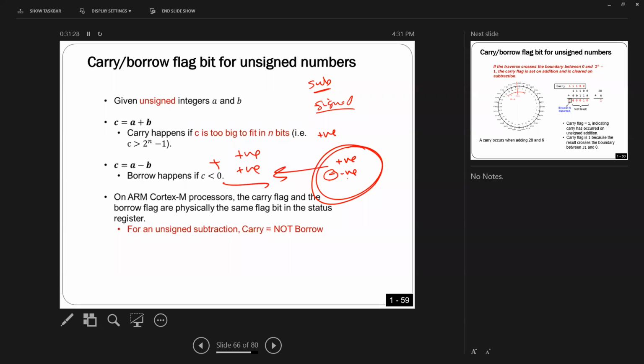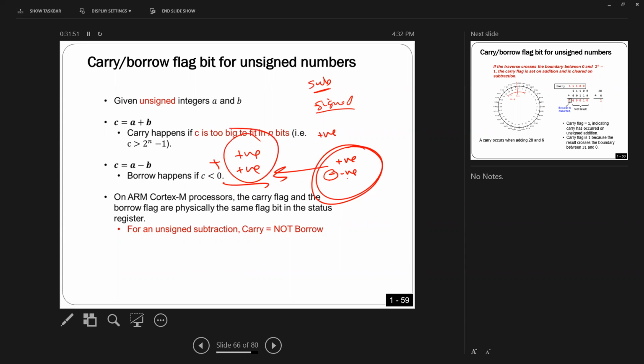So if you subtract a negative number from a positive number, I'm going to convert the subtraction logically to addition, and then use the rule I have just explained. When you subtract a negative number from a positive number, that means you added positive to positive. You know what I'm saying?